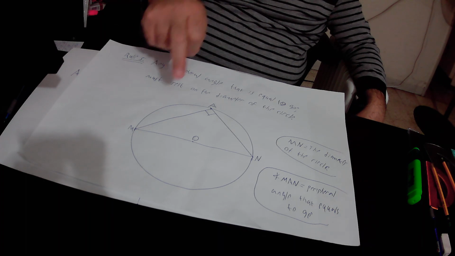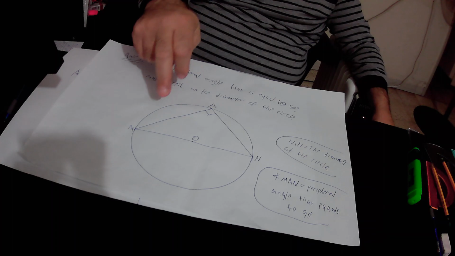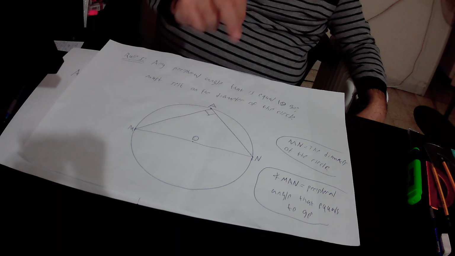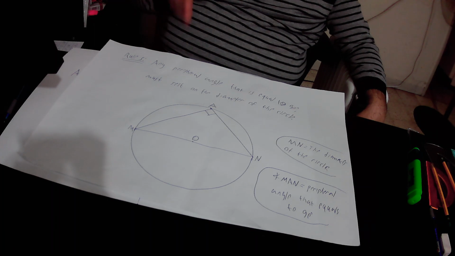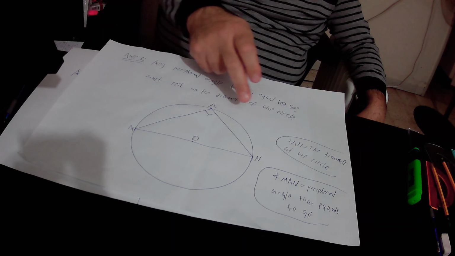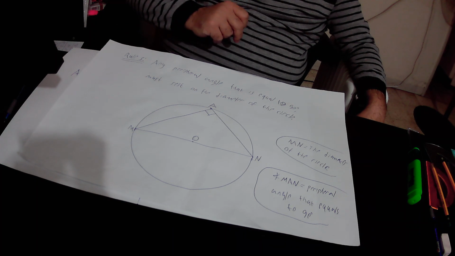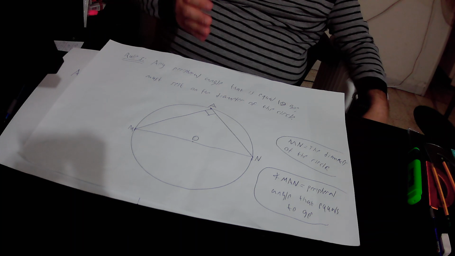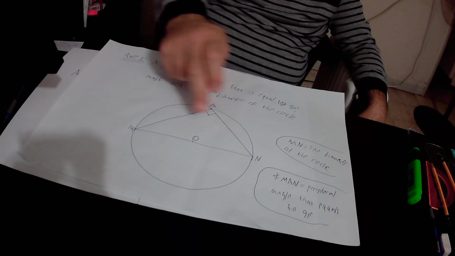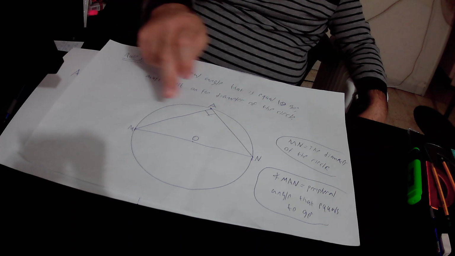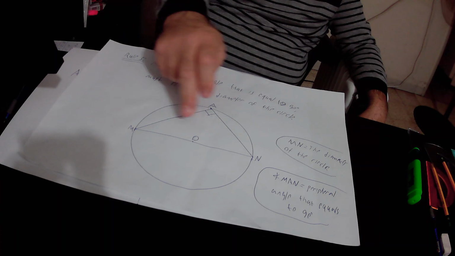In the drawing we have the peripheral angle MAN. This peripheral angle MAN equals 90 degrees in size. Therefore, according to rule number 5, peripheral angle MAN must rest on the diameter of the circle. From the drawing itself, it is very easy to see that peripheral angle MAN rests on chord MN, and indeed chord MN is the diameter of the circle. Why?